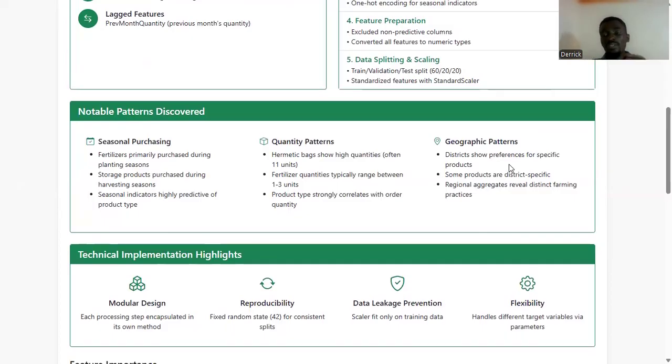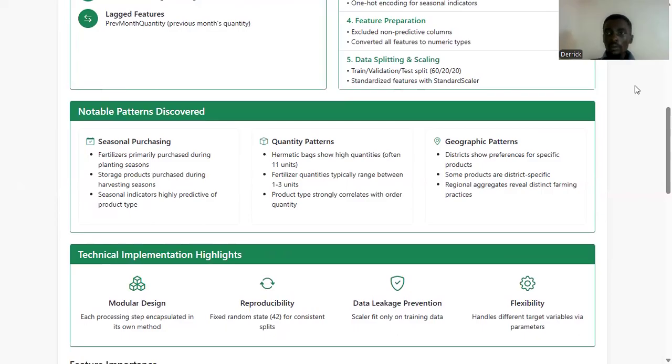Then the geographical patterns, we had districts which show preferences for specific products, and some products are district specific. We also discovered regional aggregates reveal distinct farming practices. So you realize that not all districts or places follow the same farming patterns.